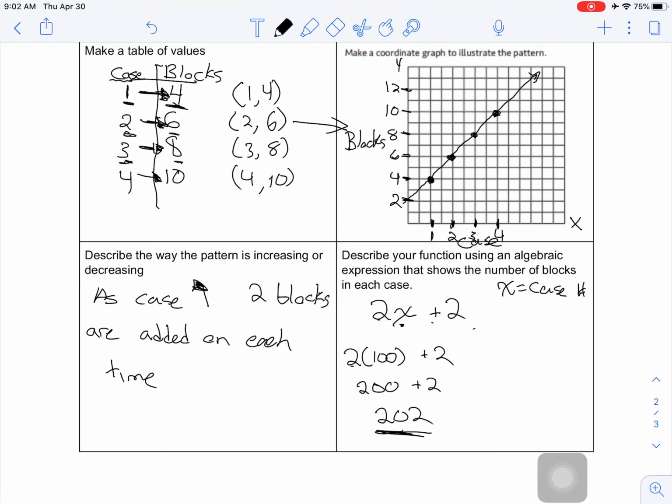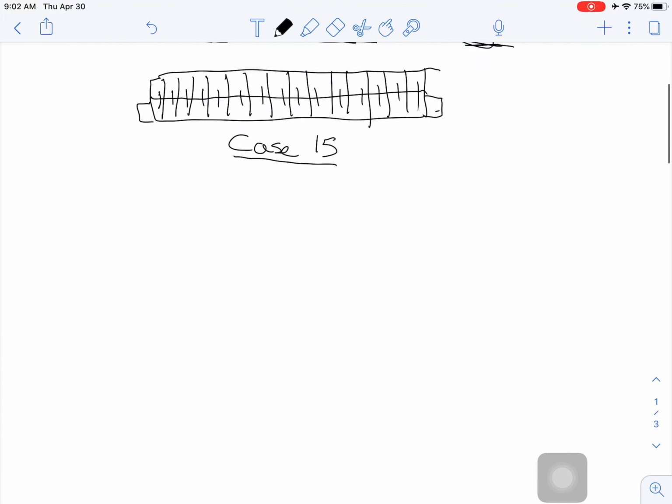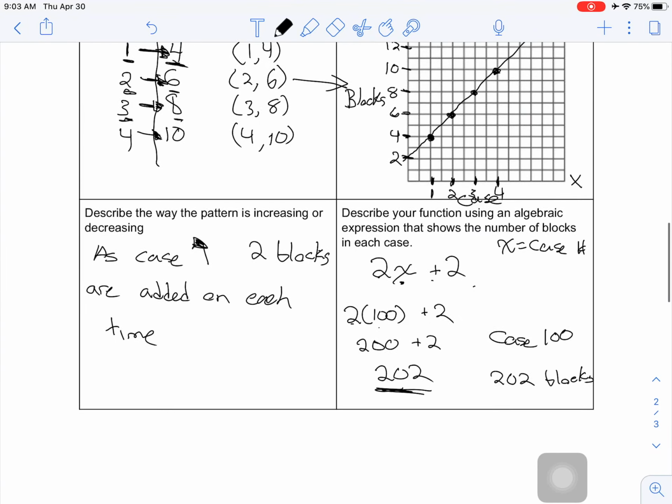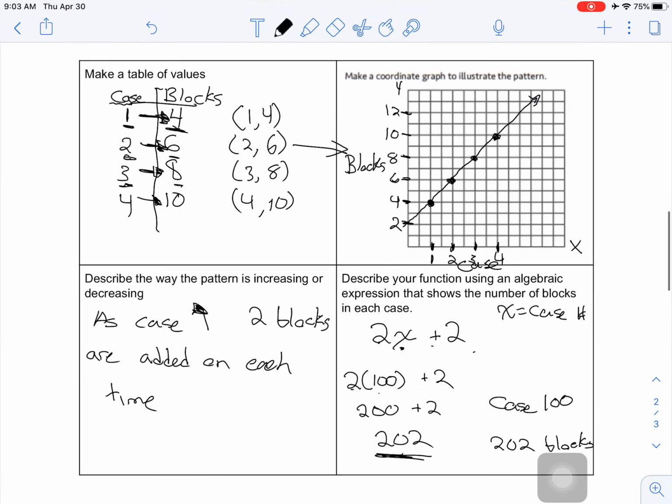So we could say, well, case 100 has 202 blocks. And we could use this to find really large cases because we could draw it out, but even 15 took a while. Imagine what it would be like to draw out case 1000, right?